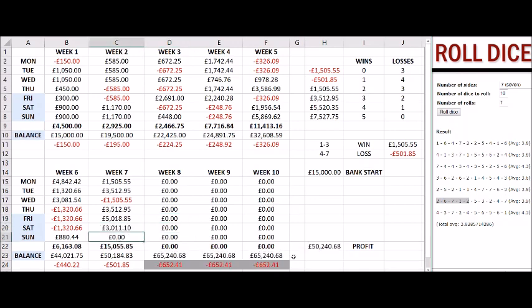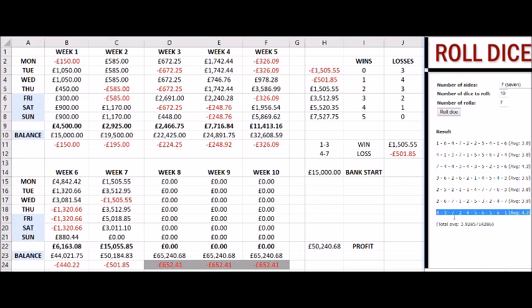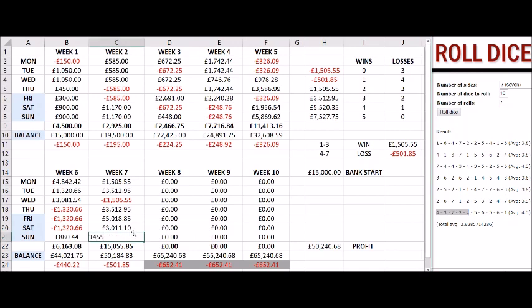And then on Sunday, there were 2 wins, 1505.55. And then a loss, take 501.85. So that leaves 1455.37. So essentially, for week 7, £16,000 of profit.